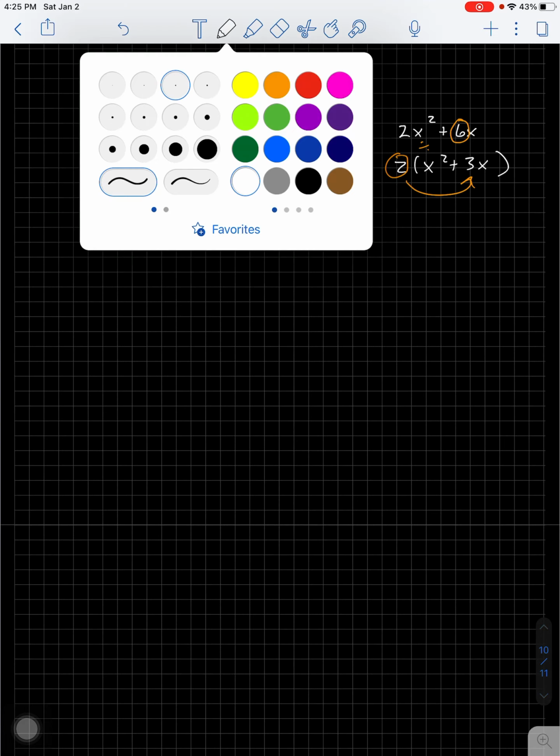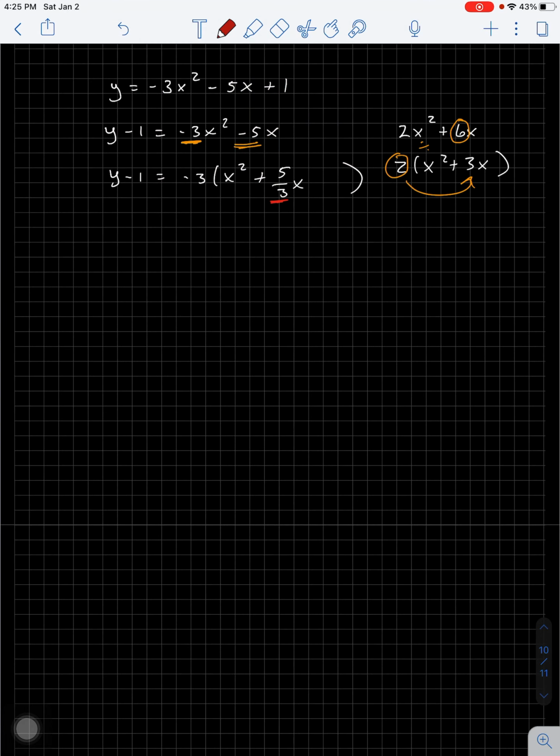Then we're going to take this middle coefficient, the 5/3. We're going to divide it by 2, and we're going to square it. So in fraction land, dividing by 2 is the same as multiplying by a half. So we get 5/6, we square it, and we get 25/36.